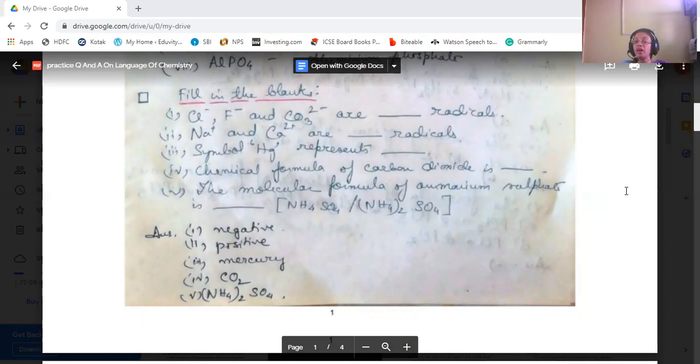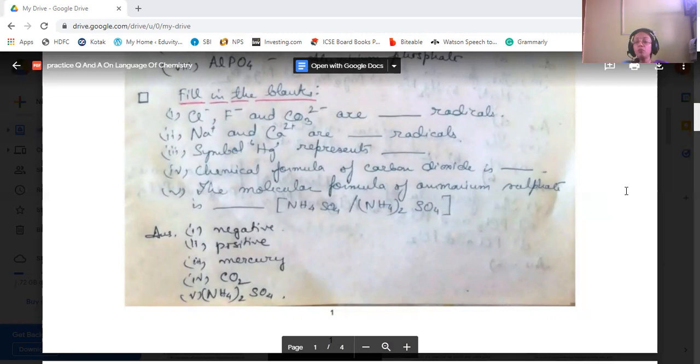Chlorine and carbonate radicals, these are acid radicals. Now, Hg represents what? Mercury. Chemical formula of carbon dioxide is CO2.